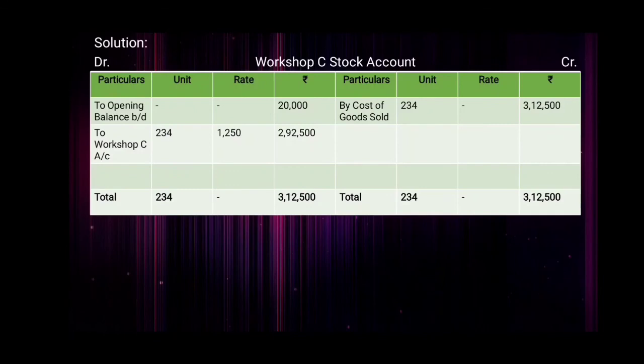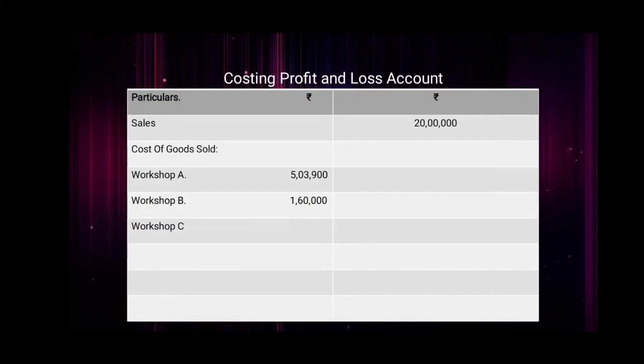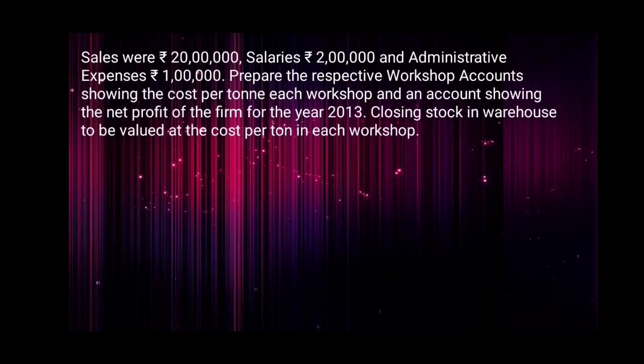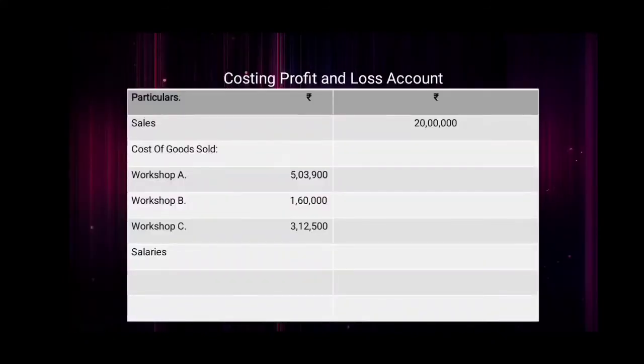Now from workshop C stock account, cost of goods sold is given as 3,12,500. So we'll record it in costing profit and loss account, workshop C, 3,12,500. Salaries amount is given as 2 lakh, so we'll record it in costing profit and loss account.